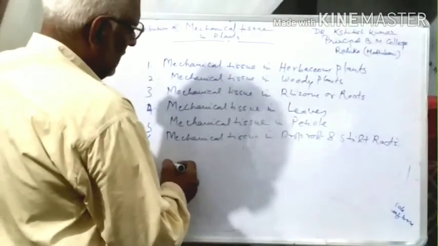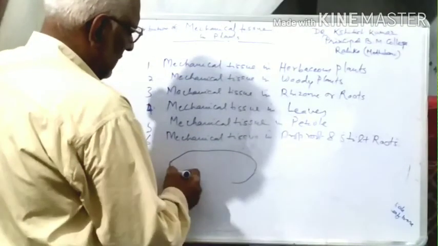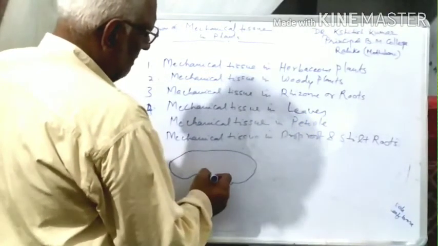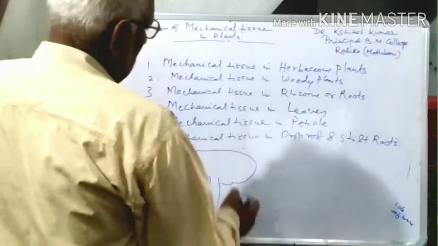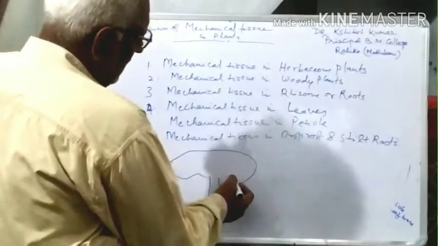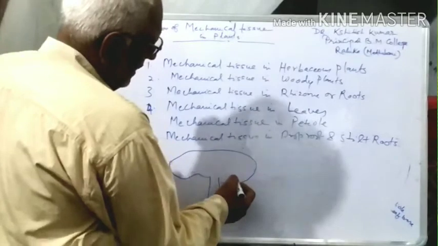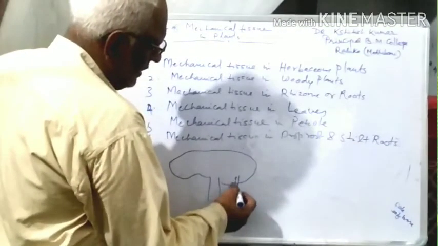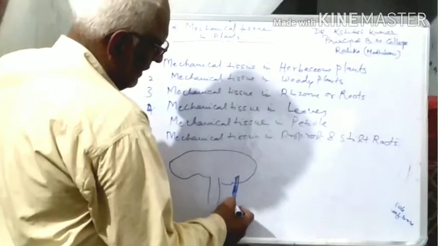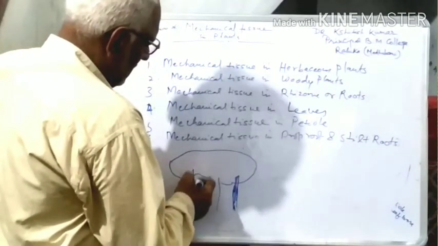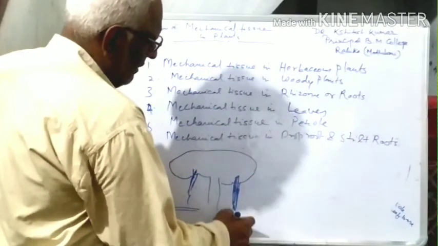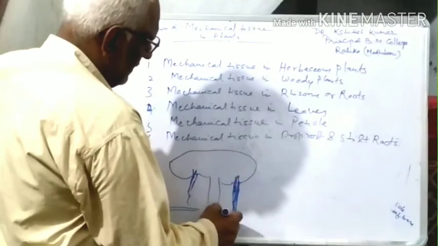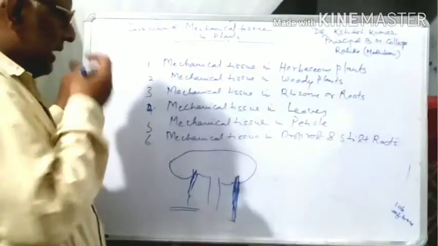The prop roots are found in Ficus religiosa, that is known as the peepal, and the bargad. Here several hair-like, fiber-like structures come out that later on meet the ground and form a pillar-like structure, the pillar, which gives support to the plant.